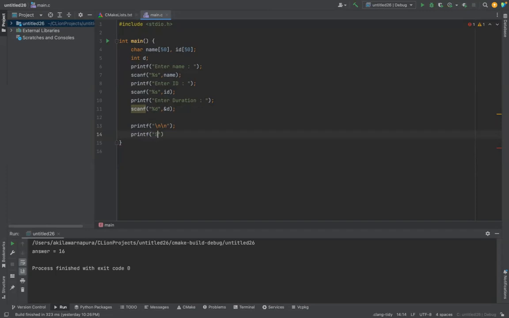Let's say student name, and you have to use %s because it is a string type variable. After that, \n. Then you can provide name, your variable. And as well as printf student ID. Again, it is %s, \n. You can provide the variable ID.